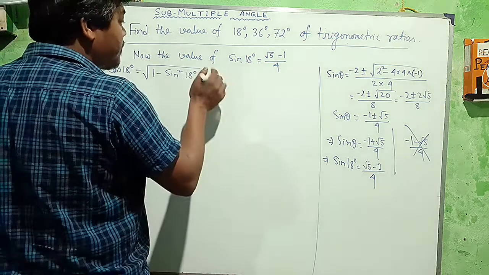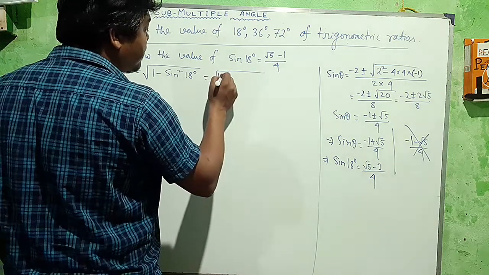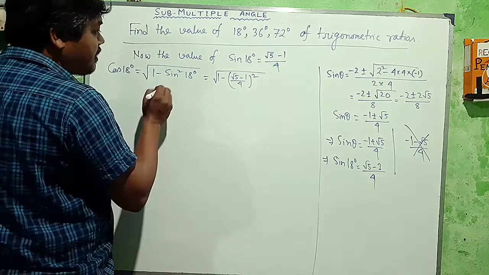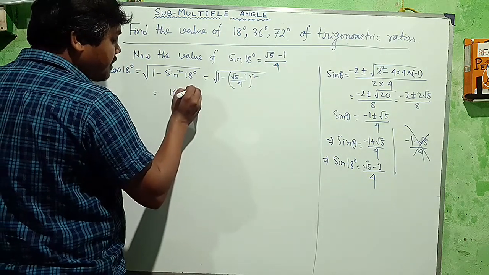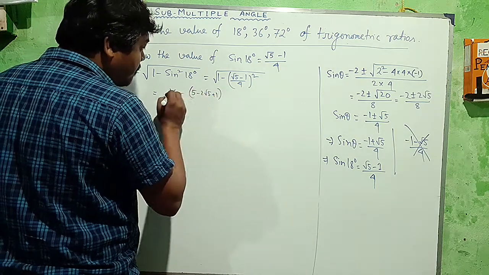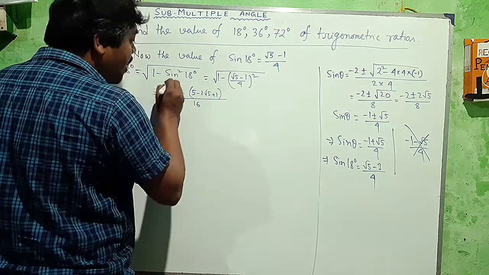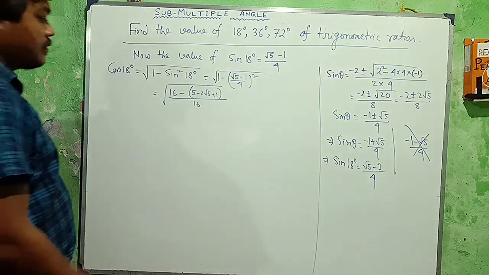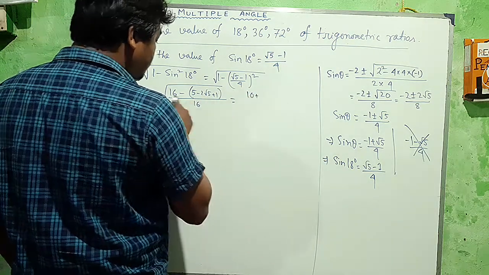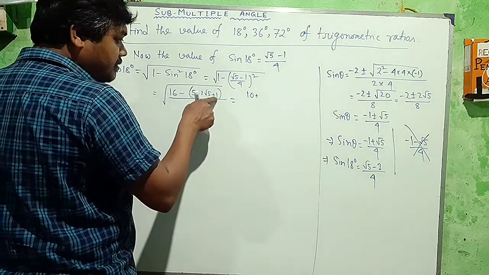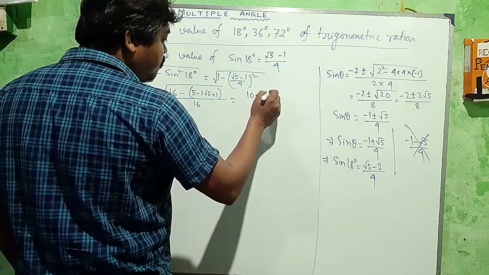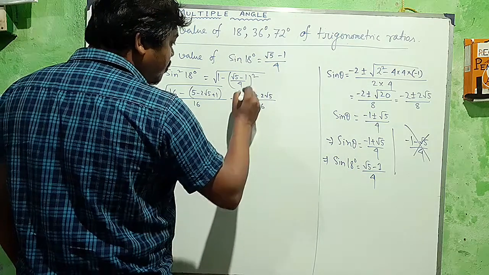If we put the value of sine, 1 minus (root 5 minus 1 over 4) whole square. After some calculation, we get 16 minus (5 minus 2 root 5 plus 1) over 16, under the square root, that is 16 minus 6, so 10 plus 2 root 5 over 16, under the square root.